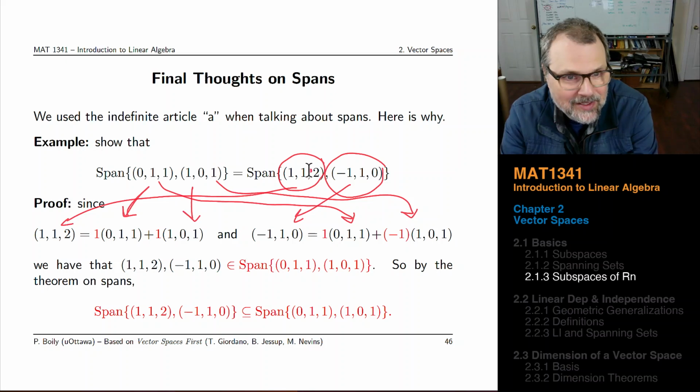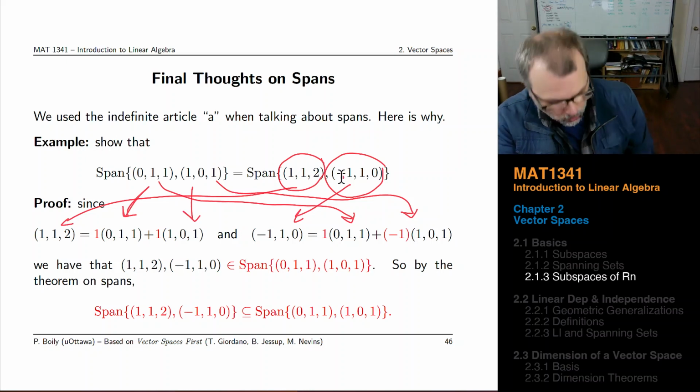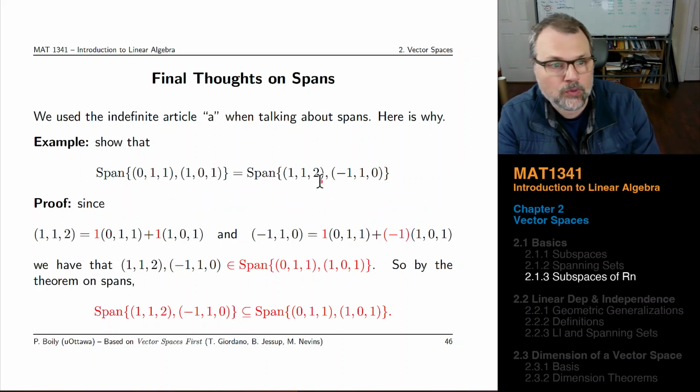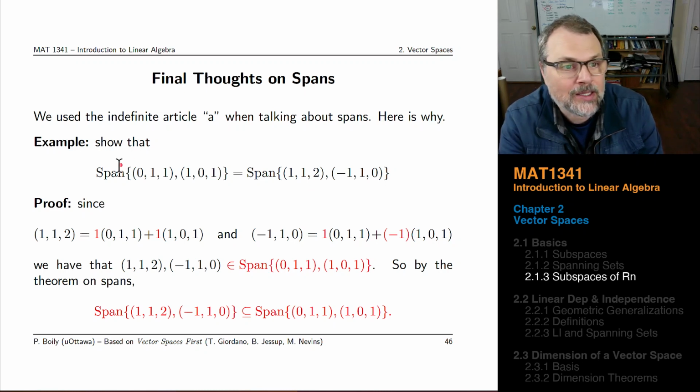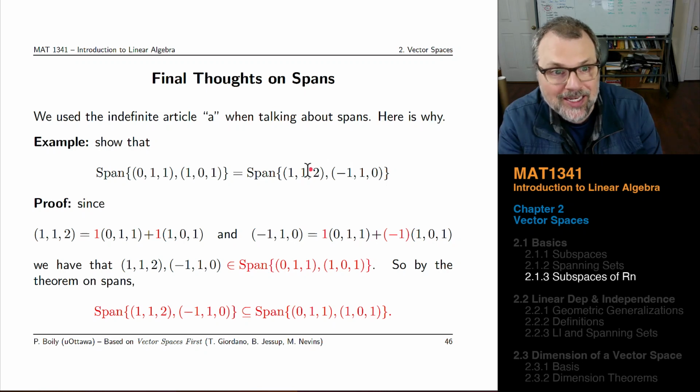And so what that tells us is that the two vectors here, 1, 1, 2 and minus 1, 1, 0, they are in the span of these two vectors. These two vectors are linear combinations of these two vectors.